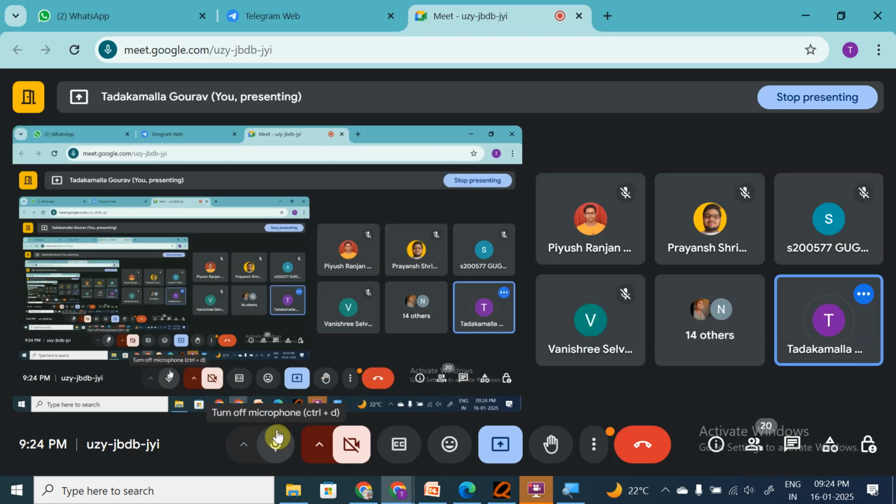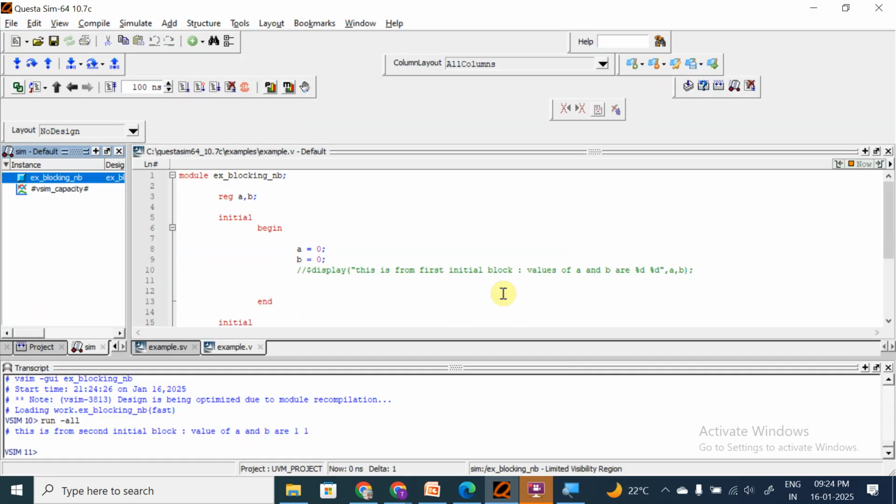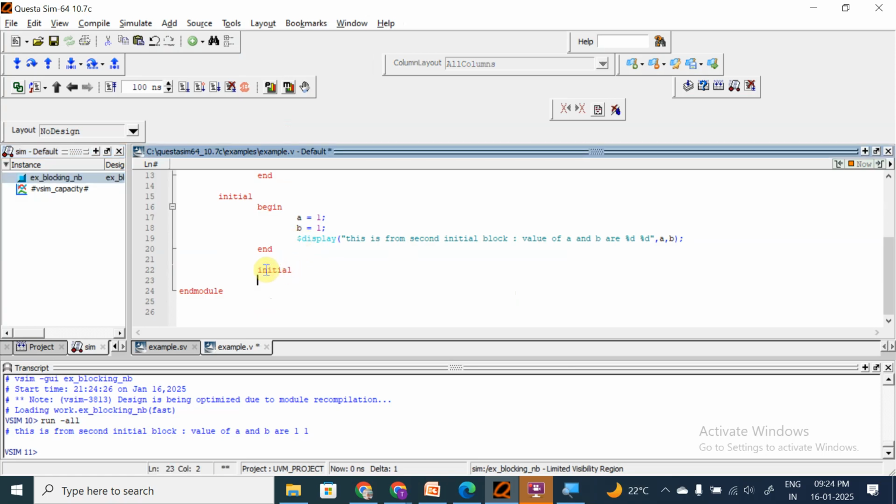Is it clear? Yeah. So let us include another initial block, and here let's write a $display statement: values of A and B are.